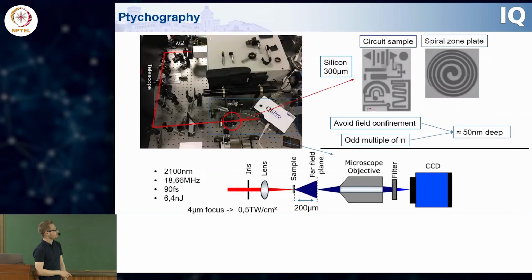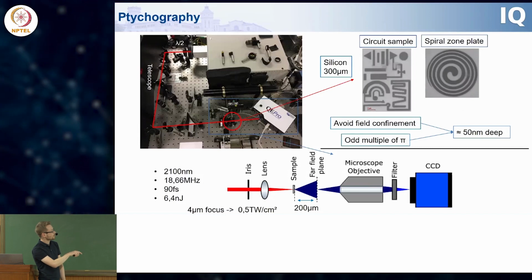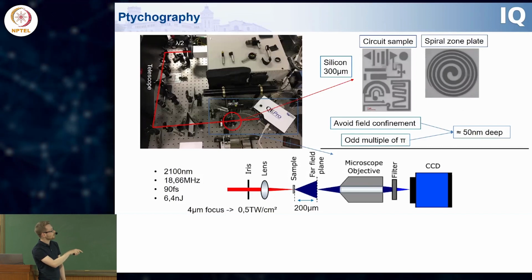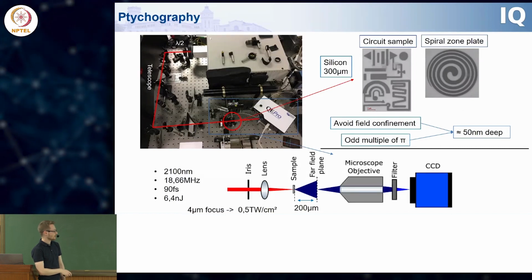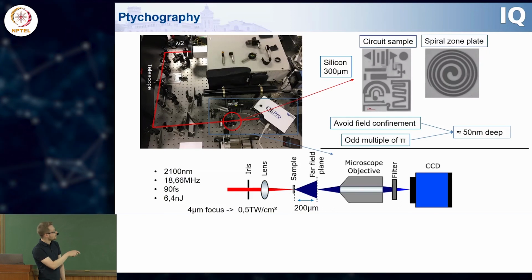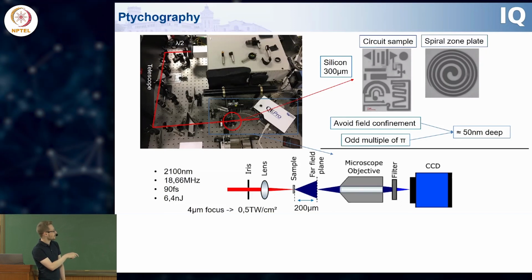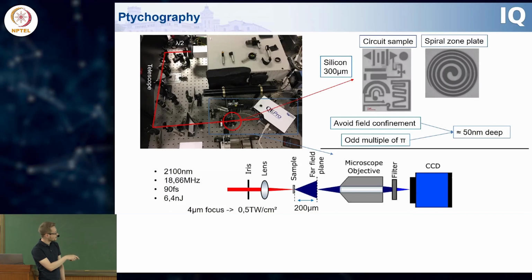And here you see two images of the setup, just to show you how it looks in the lab. It's a very small laser, here at 2 micron essentially, and just a couple of nanojoules coming in, widening the beam with a telescope, and then focusing down on the sample, which is located here.